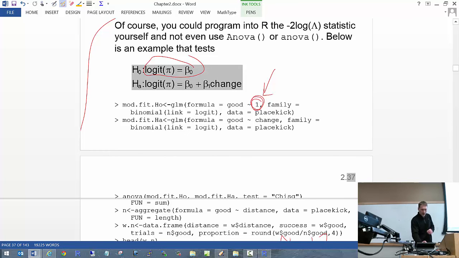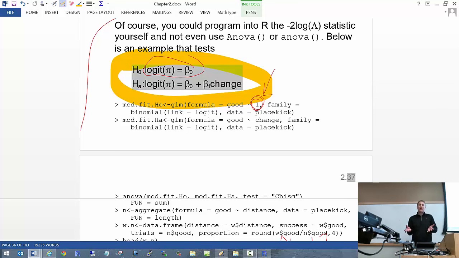So remember, I said read this on your own. That's the only time that I mentioned. You could have a model that has only an intercept in it, and that's only shown for demonstration purposes of how to calculate negative 2 log lambda. Okay.